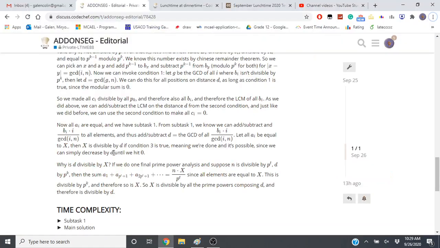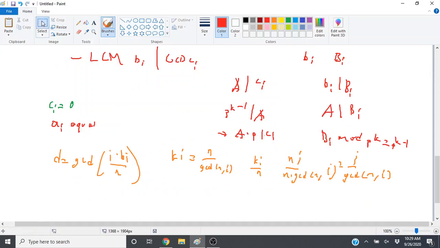Oh wait, yeah, this shouldn't be N, my bad. This should be the GCD of N and I. Kind of miswrote that. Okay, so consider this quantity.